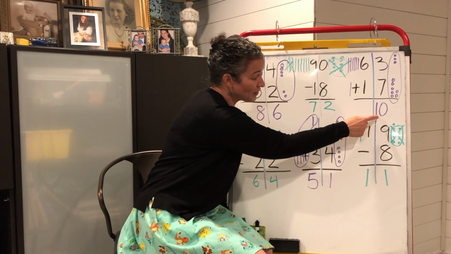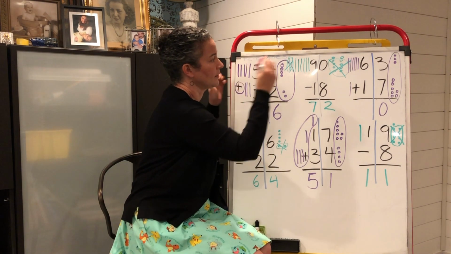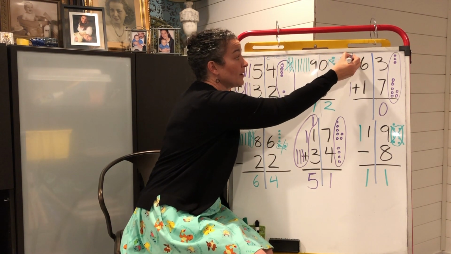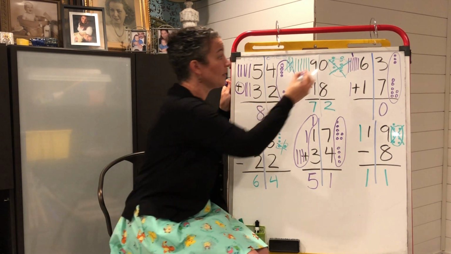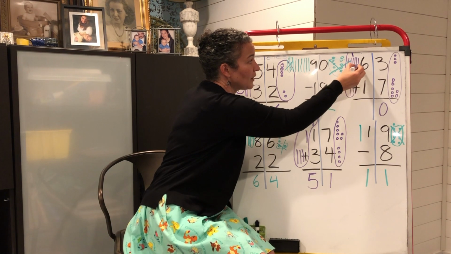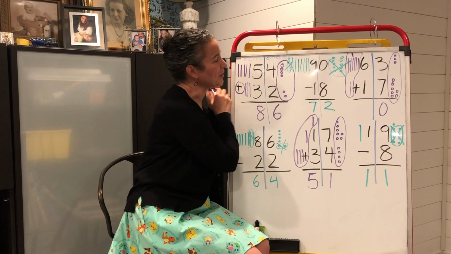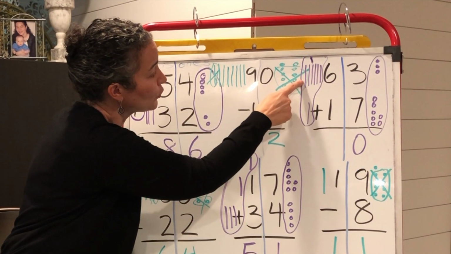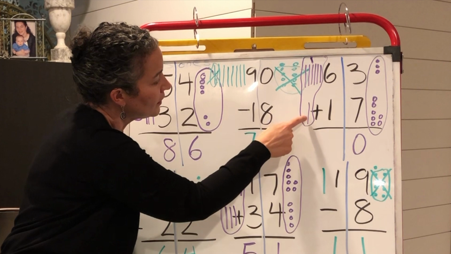So my friends, I have to take this 10 and I have to move it. I guess I'm gonna squeeze it on top. So it's a little short 10 rod. I have to move it over here. And then when I count, I've got to make sure that I count that 10 rod, my friends. You want to help me count real quick? You do? Fabulous. Ready? Here we go. 10, 20, 30, 40, 50, 60, 70, 80.